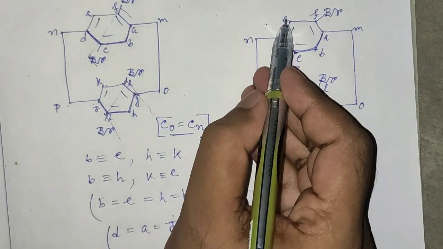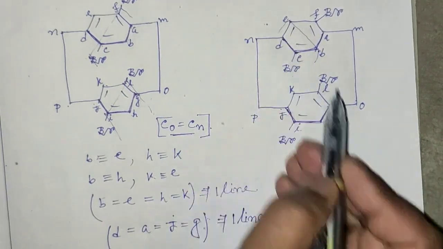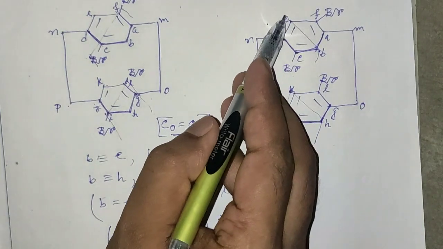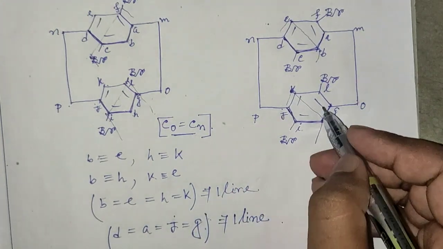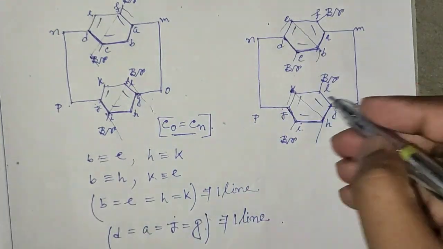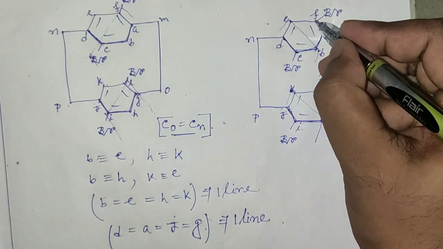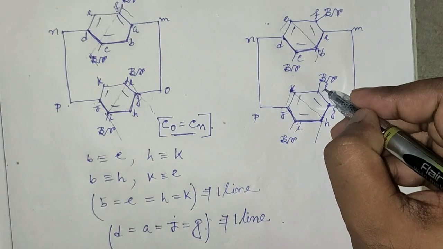Similarly, there will be another plane containing E, B and K, H carbon atoms, and for this sigma plane, carbon C and F will be equivalent, and I and L will be equivalent.